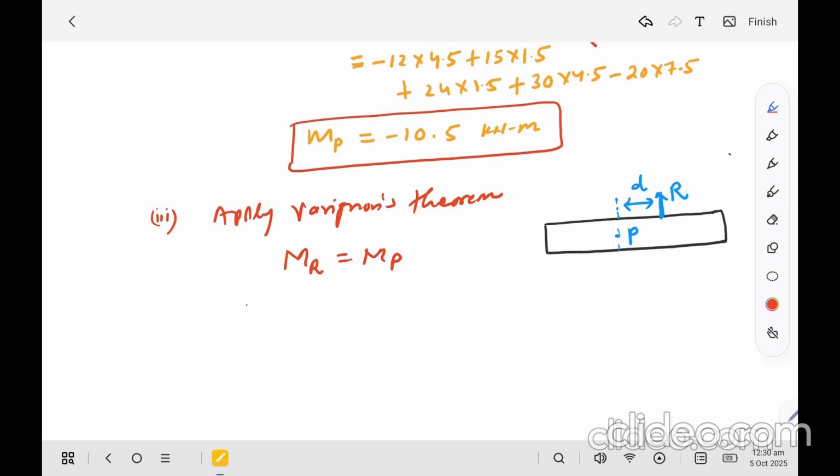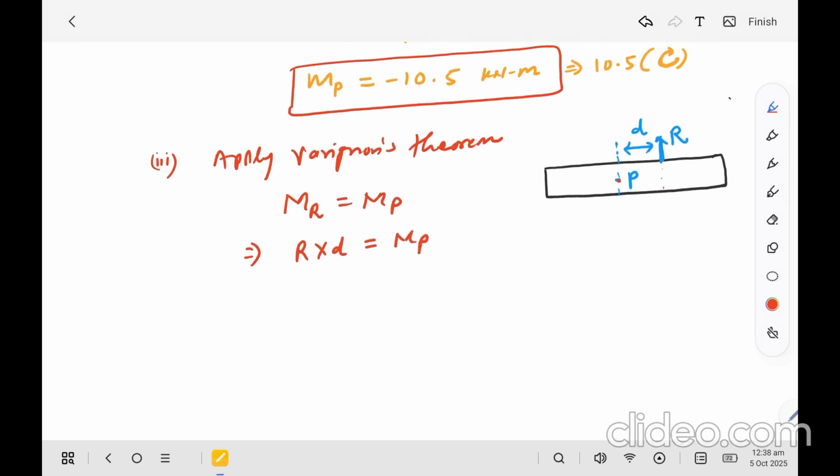And MR is nothing but R into D, because this is the moment of the resultant about point P, which is equal to MP. So D equals MP divided by R, and the value of MP is 10.5 and the value of R is 31.